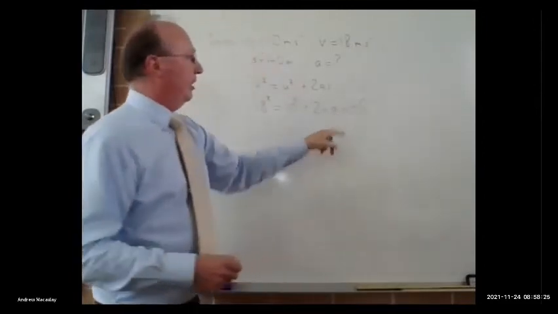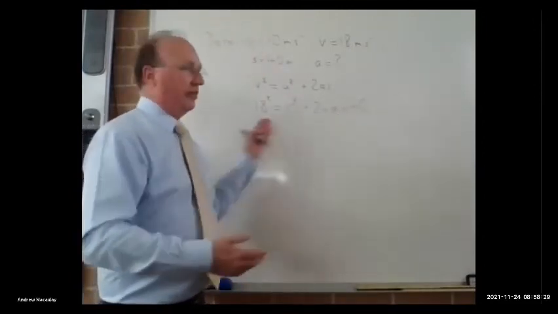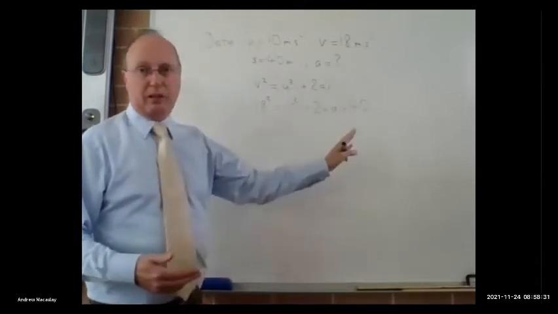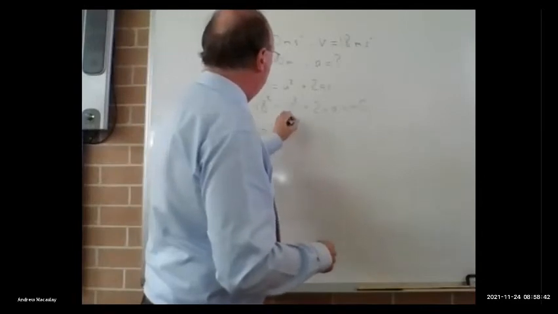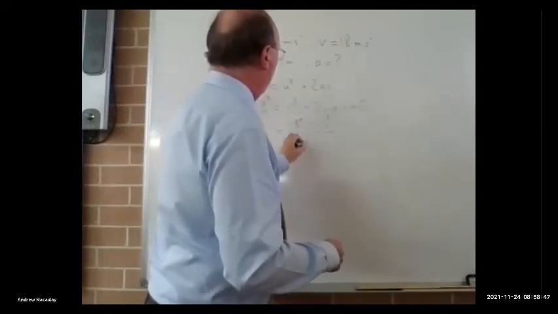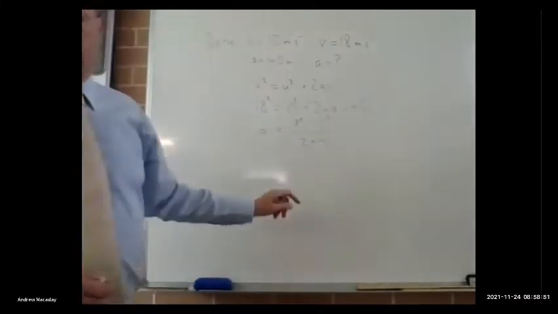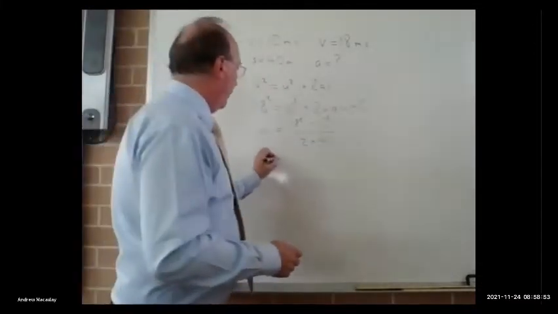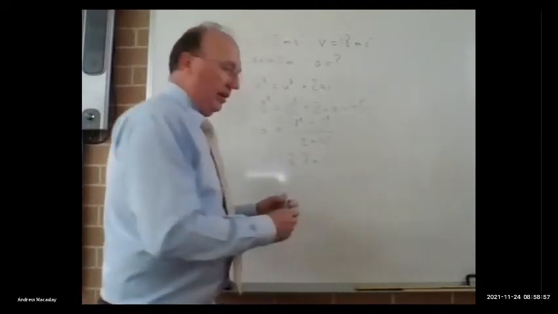So now we can see the a is the only unknown, so we get that to the left and all the numbers to the right. That's making a the subject. a equals 18 squared minus 10 squared all over 2 times 40. And that we can go straight into the calculator and we should end up with 2.8 meters per second squared.